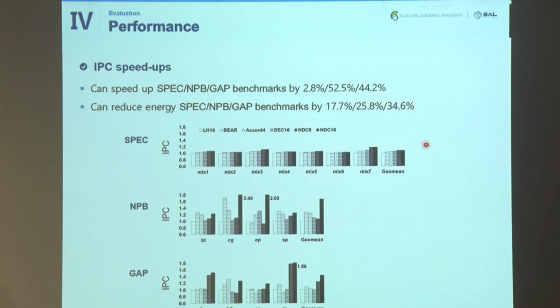Owing to its high cache hit ratio and high row buffer hit ratio, the performance improvement compared to the state-of-the-art in SPEC, MPB, and GAP benchmarks is 2.8, 52.5, and 44.2% respectively. Furthermore, reducing unnecessary data transfers and simplifying the interface results in energy savings of 17.7, 25.8, and 34.6%.